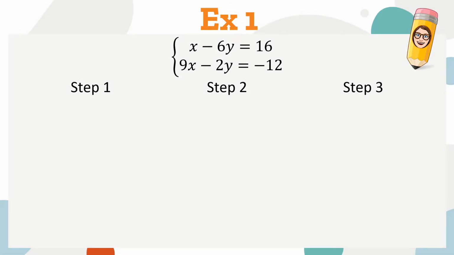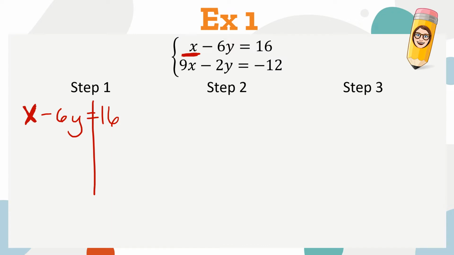All right, let's go through our 3 steps for these examples. Step 1 is isolate a variable. So if I take a look at my equations, which variable looks easier? I think this x right here, right? It's almost by itself. So let's jot down the first equation. And my goal is to isolate a variable.